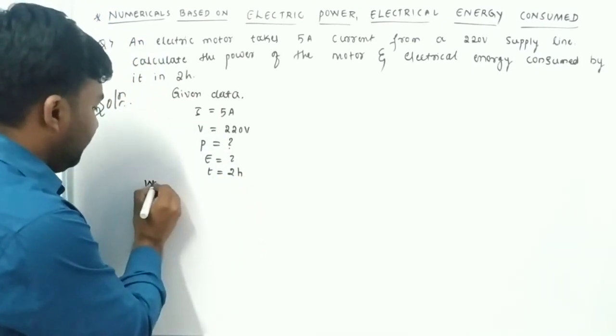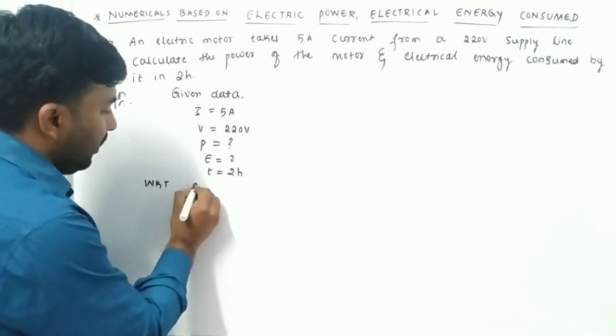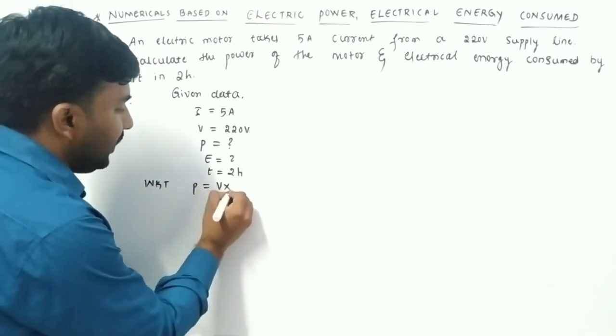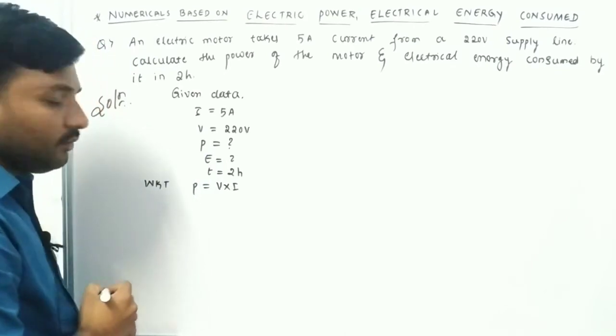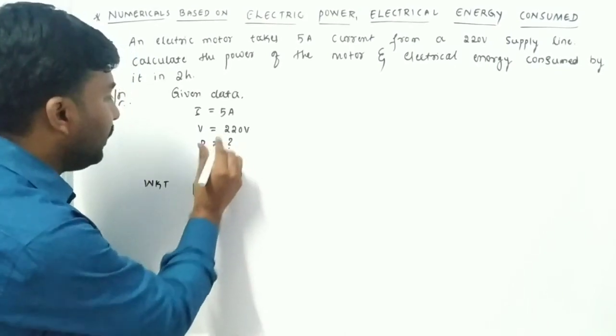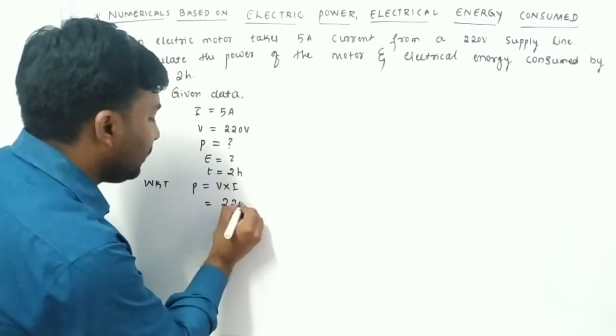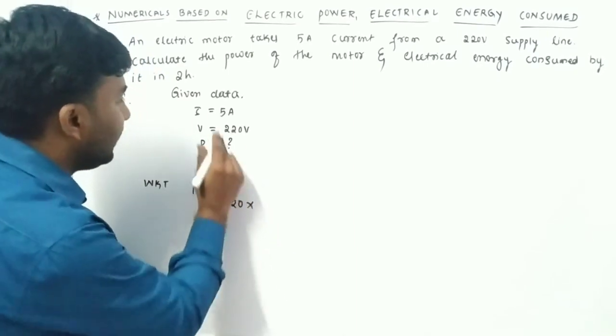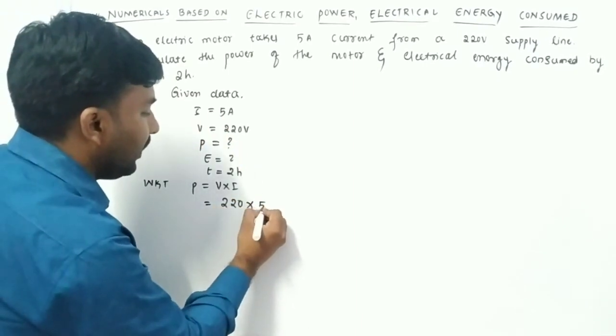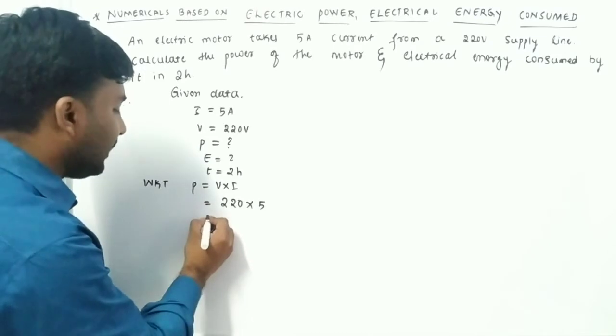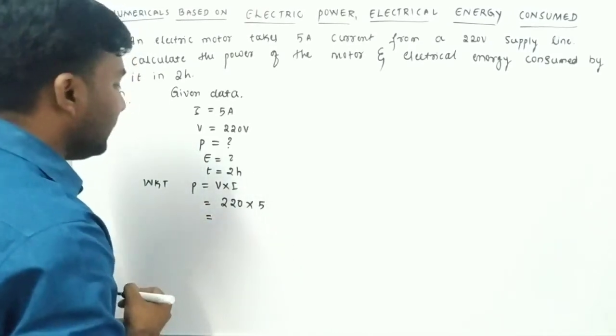We know that power is equal to V into I. This is equal to voltage 220, current 5 ampere.